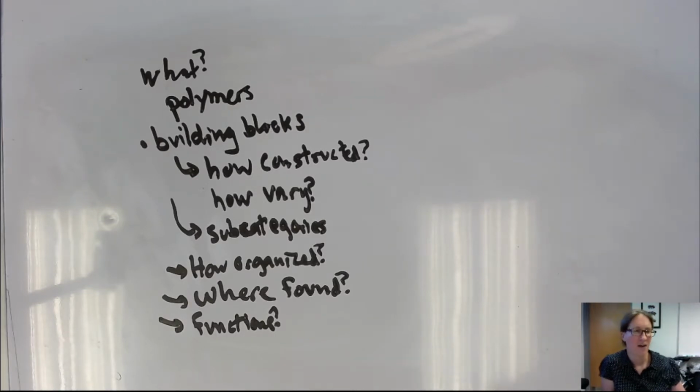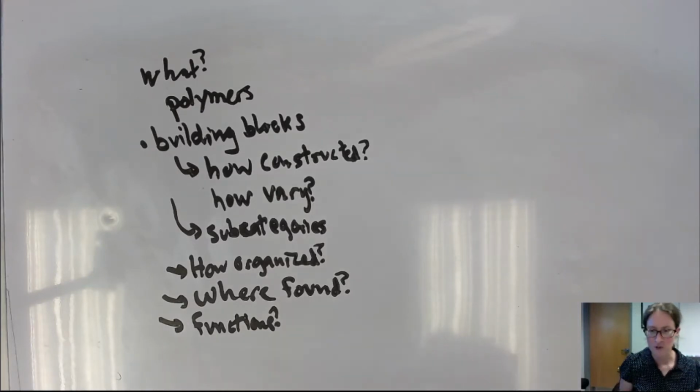And right here now, the biggest reason is that if we understand how these polymers are constructed, where they're found, and what they do, we're going to be better prepared to understand the next layer of complexity that we're going to add to our understanding of living things, about how cells work. And this is really going to become clear as we continue to progress and start putting these pieces together with larger scale cellular function. Okay, and so without further ado, let's dive in and take a look at the carbohydrates.